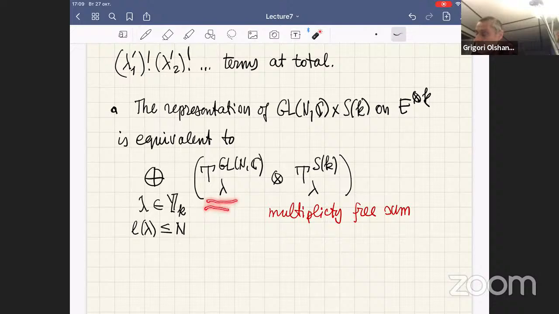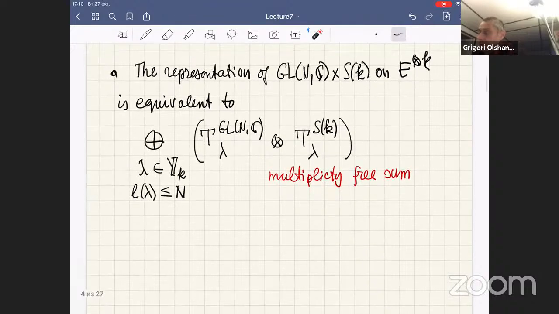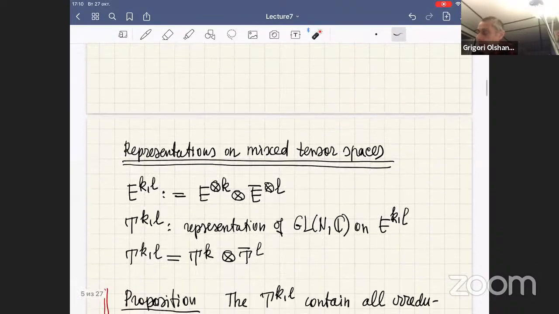The character is given by the Schur polynomial. And this is some accompanying representation which I did not discuss, but from this result one can deduce there exists a certain irreducible representation of the symmetric group. This is my notation for it, indexed by the same lambda. So this is the result of the Schur-Weyl duality.